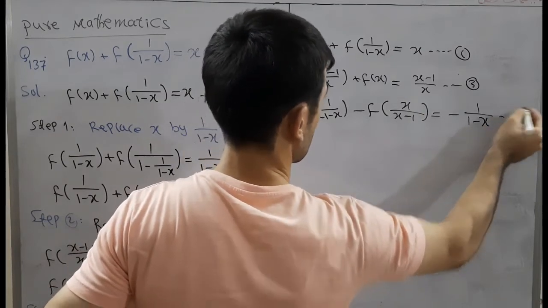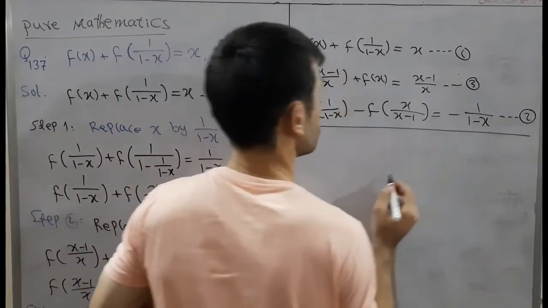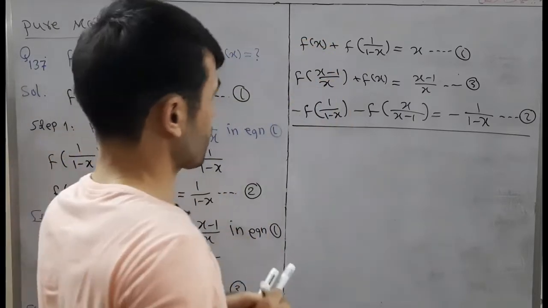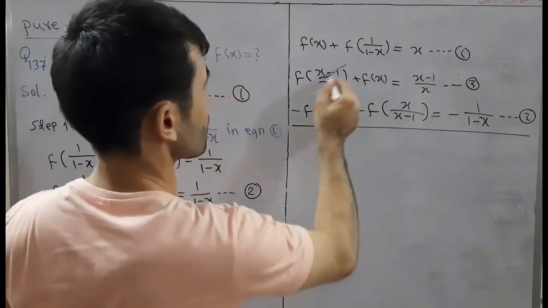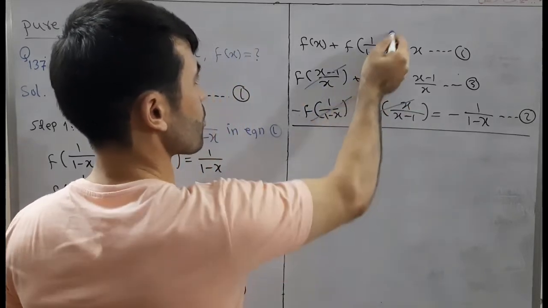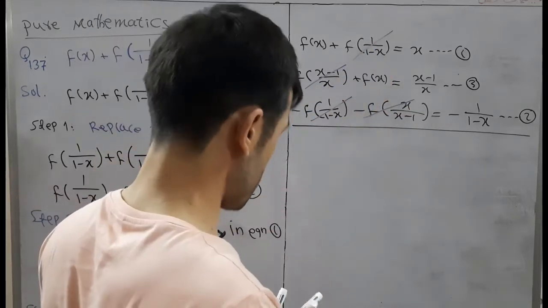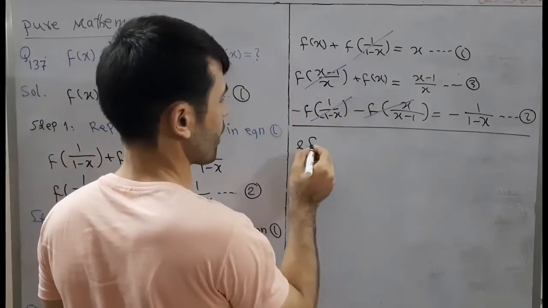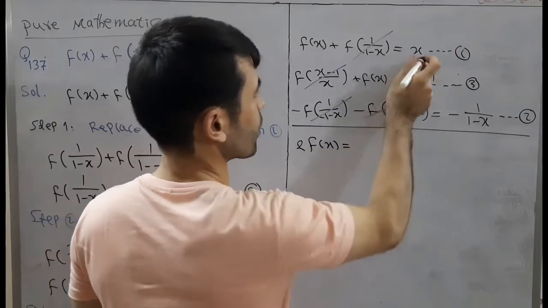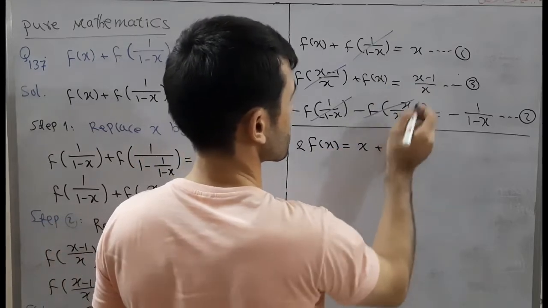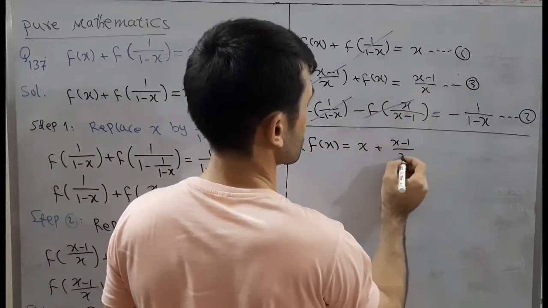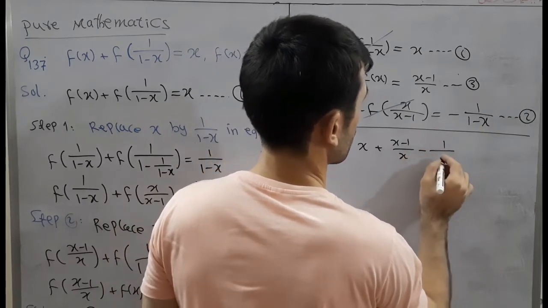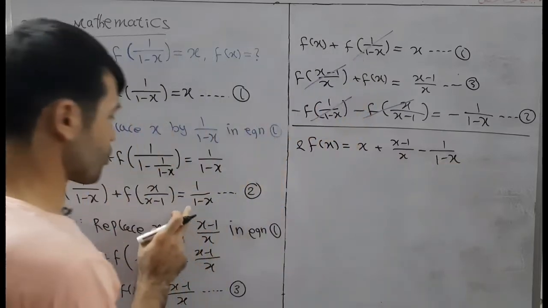Now if we add, these two cancel, also this by this cancels, then we get f of x plus f of x, 2 f of x, is equal to x plus x minus 1 over x minus 1 over 1 minus x.